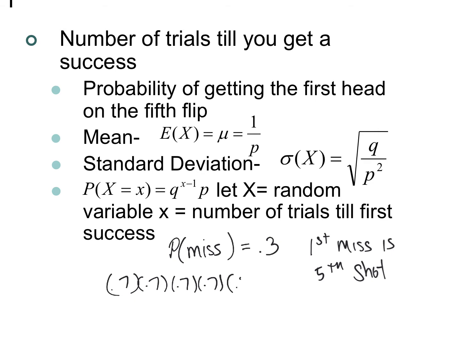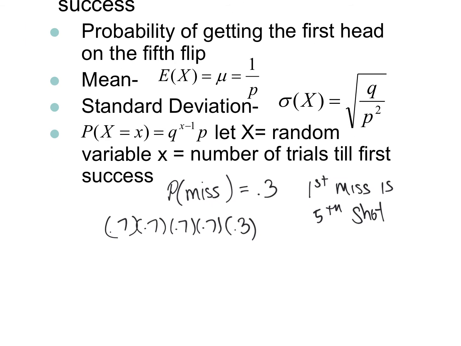And she misses it on the last try, which is 0.7 to the 4th times 0.3. Right? This is 5 minus 1. So it's a shortcut to having to write it all out. Okay? And eventually we'll get to the point where we can plug the x and the probability into the calculator, and it spits out an answer for us. Okay?